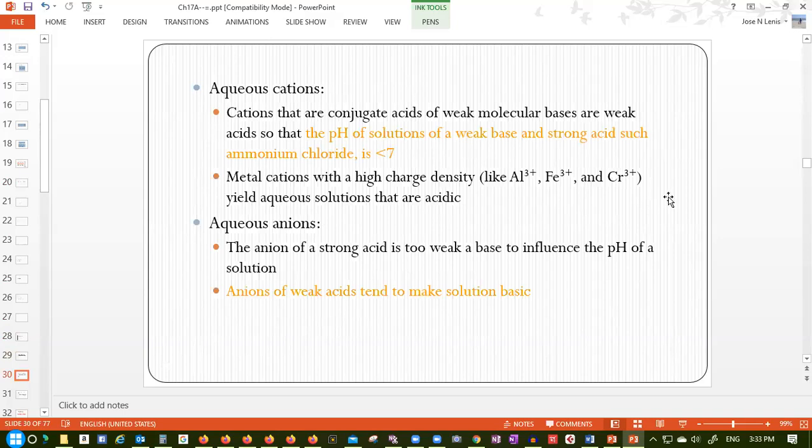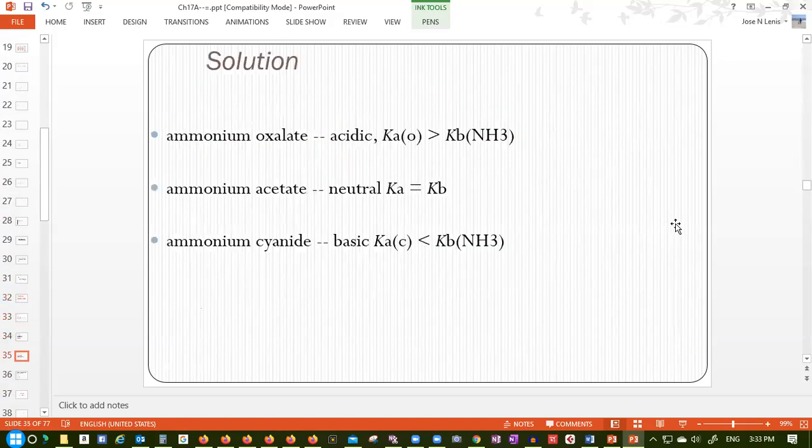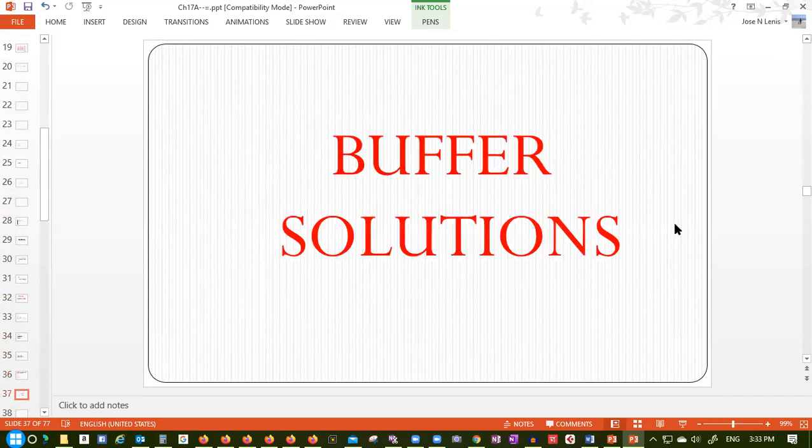I explained this already. So pretty much we did already. That was the previous example, same thing here. Okay, this is new. This is what I wanted to arrive at: buffer solutions. And here we are going to apply all that we learned about weak acids and weak bases.